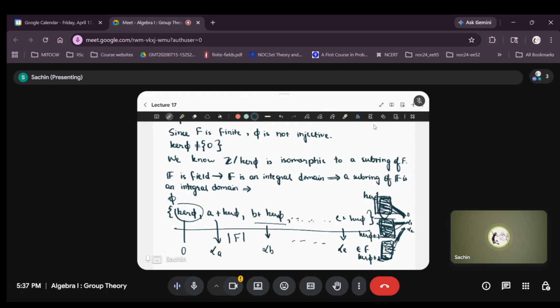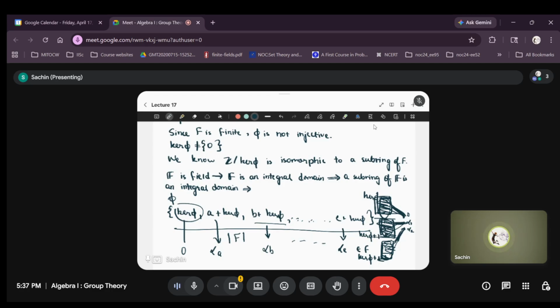Now, I haven't shown you the operation preservation. That is, I also have to show that phi of block 1 plus block 2 will be equal to phi of block 1, that is 0, plus phi of block 2, that is alpha 1. And phi of block 1 into block 2 is equal to phi of block 1, that is 0, into phi of block 2, alpha 1.